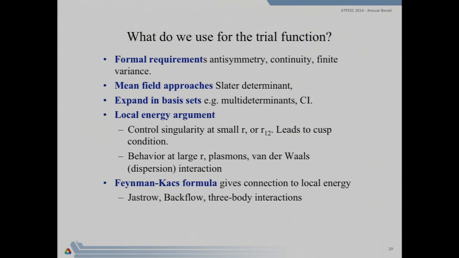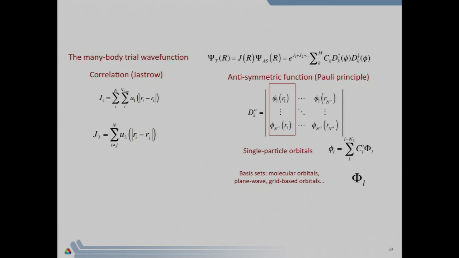That means that our wave function needs to be able to cover very short and very long distances, because van der Waals type of forces or plasmons all depend on this type of large interactions. And we have the Feynman-Cox formula that gives us a connection to local energy. And we can do that by using Jastrow, backflow, three-body, and I'm going to get to it.